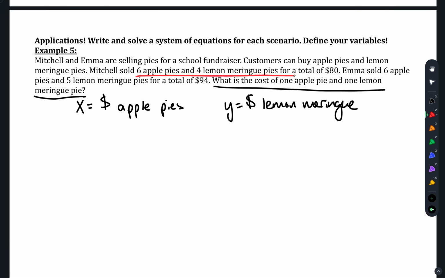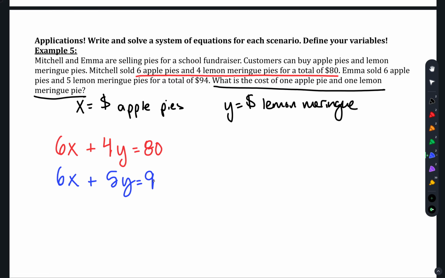6x plus 4y equals 80. This is how many pies Mitchell is selling. So 6 apple, 4 lemon meringue equals a profit of $80, or a total of $80. What about for Emma's pies? So we're done there.